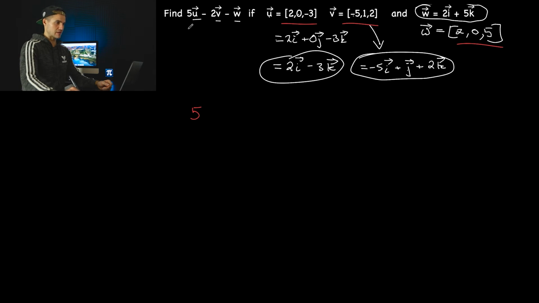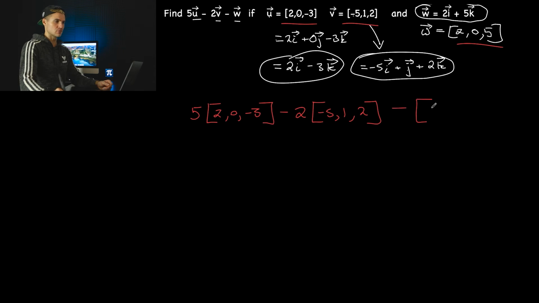So if we put those vectors here, it'd be 5 times vector u, which would be 2, 0, negative 3, minus 2 times vector v, which is negative 5, 1, 2, minus vector w, which is 2, 0, 5.